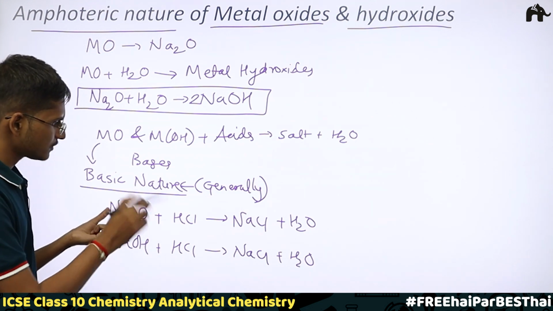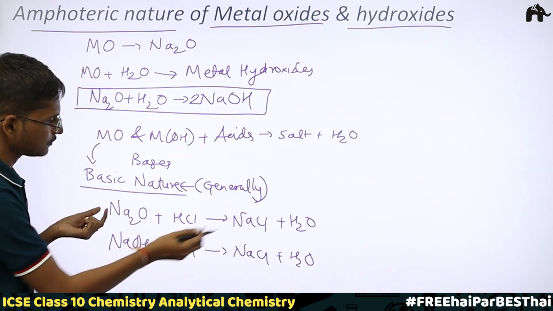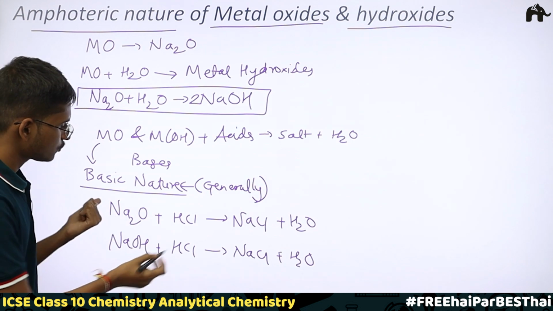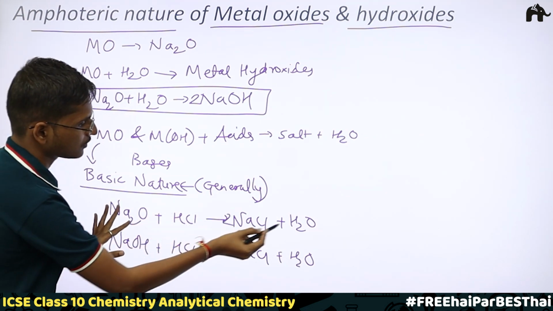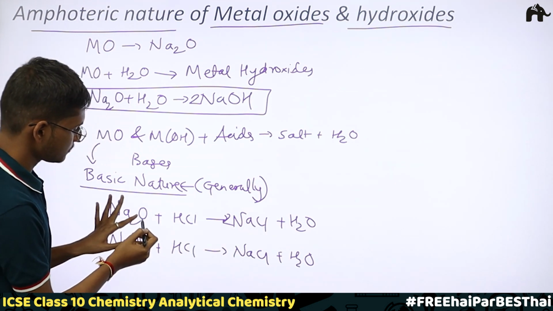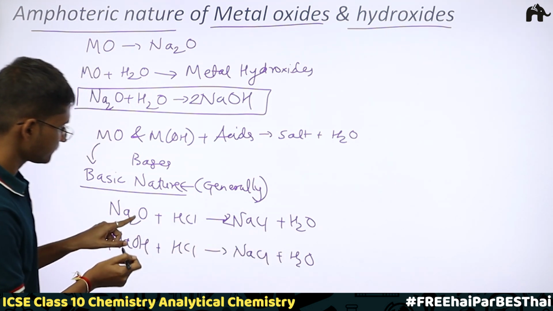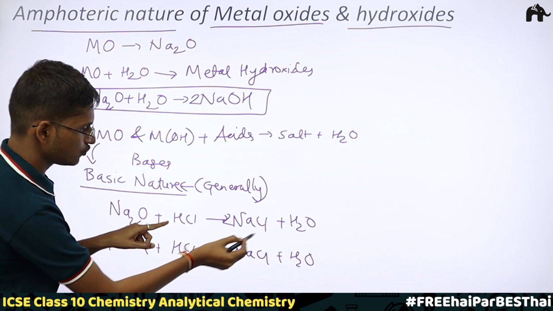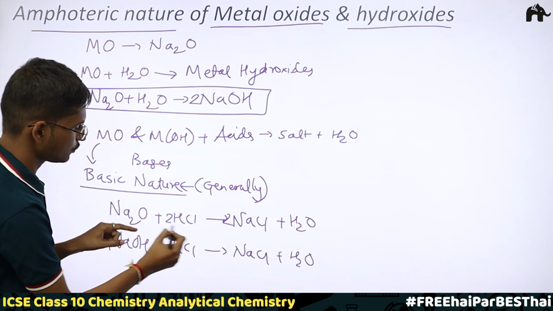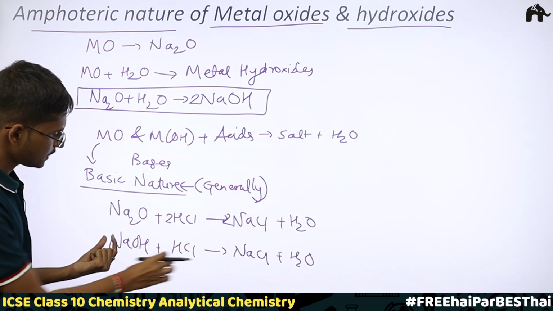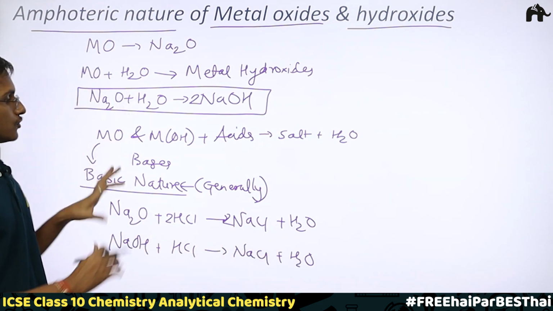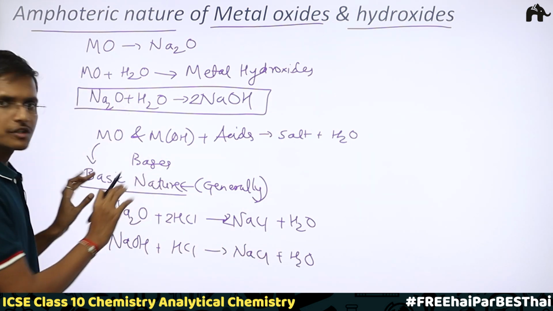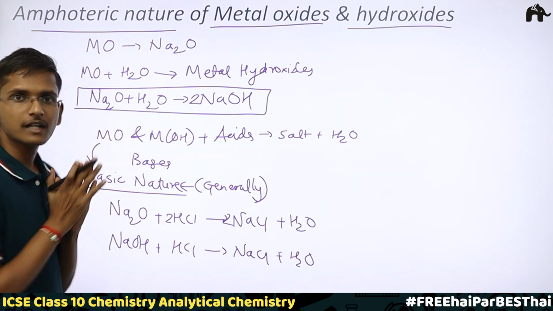You can pause it here, then resume back to see whether you have balanced it right or wrong. So two sodium atoms right here, then one oxygen atom, and then two chlorine, two hydrogen. Same here, NaCl, H2O, NaCl, H2. So it's balanced. So this was the basic nature which we studied right now of metal oxides and metal hydroxides.